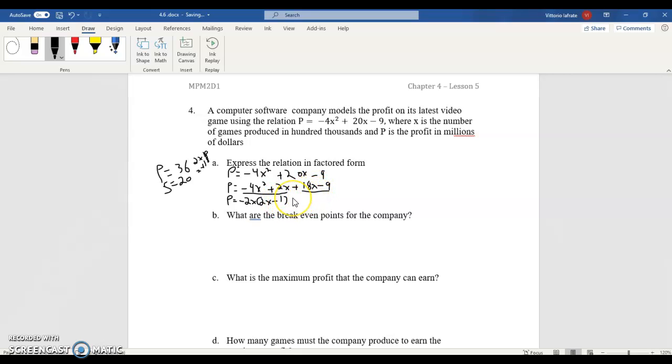Over here it looks like I can take out a 9, so plus 9, and if I take out a 9, I get 2x minus 1. And I've created common factors here. So I get P is equal to 2x minus 1, and then the leftovers are minus 2x plus 9.